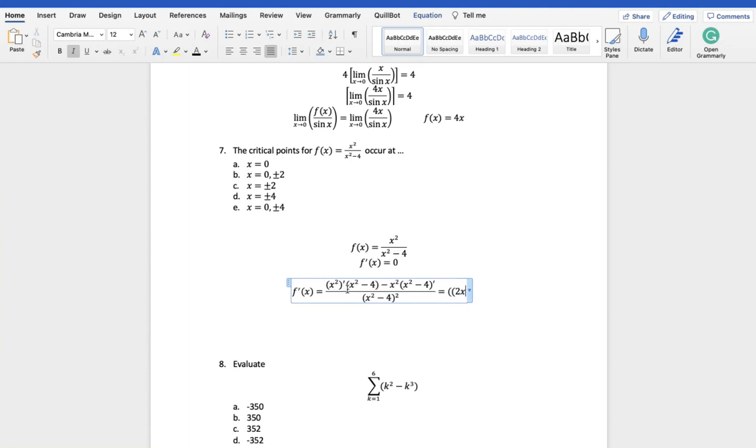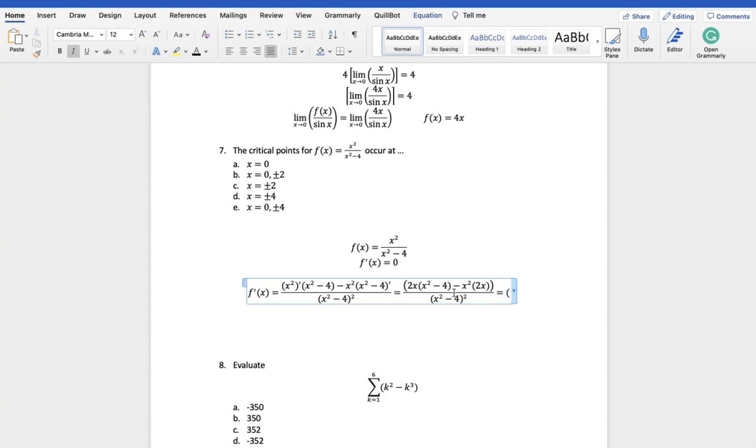So it's 2x multiplied by x squared minus 4, minus x squared multiplied by the derivative of x squared minus 4, which is just 2x, all divided by x squared minus 4, squared. Yeah. And then we can simplify the numerator.